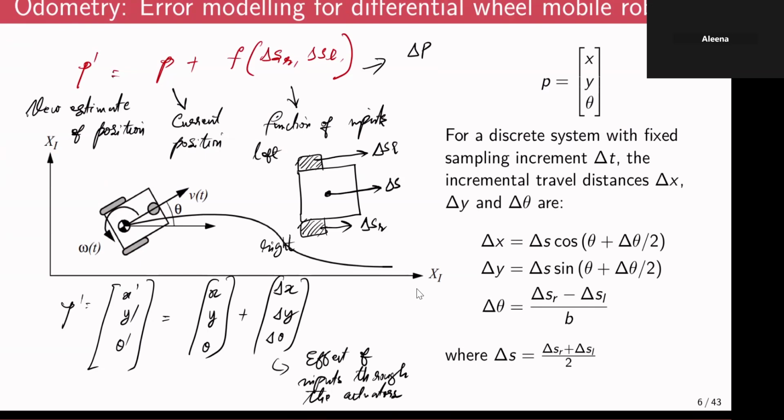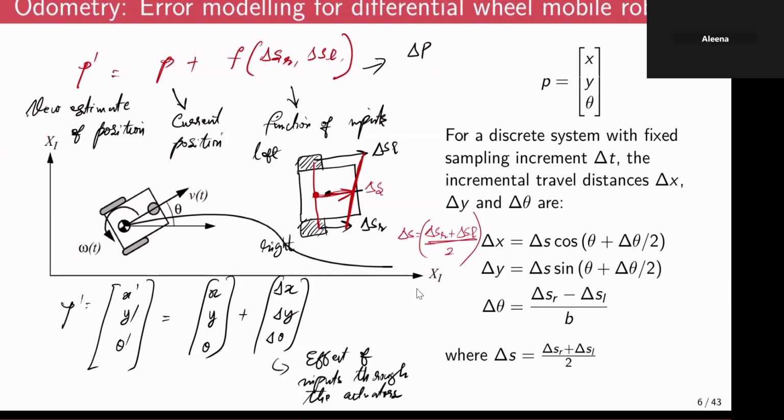If you do this simple interpolation, this delta S is nothing but the average of delta SL and delta SR, right? If you consider this to be the center line, and I call this arrow delta S, then delta S is nothing but delta SR plus delta SL by 2.